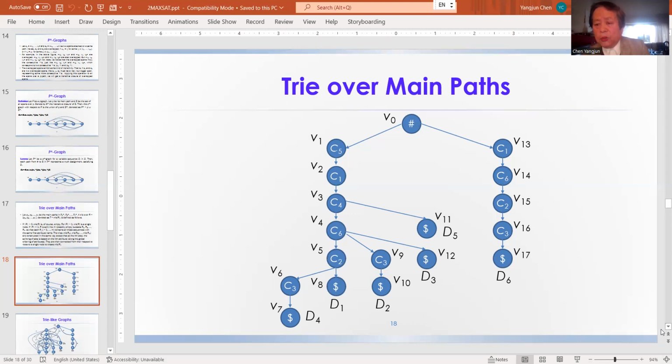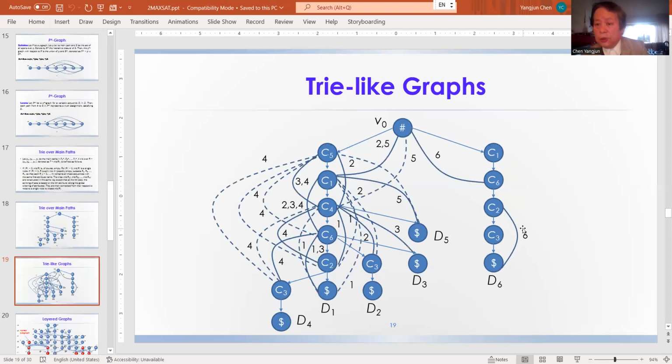Then we just add all the transitive closure of the overlapped spines to this tree structure to create a tree-like graph. Here, special attention should be paid to the number associated with the spine, which is used to indicate what P star graph this spine belongs to.